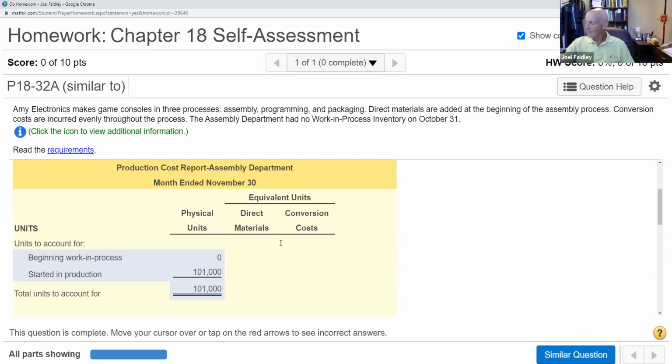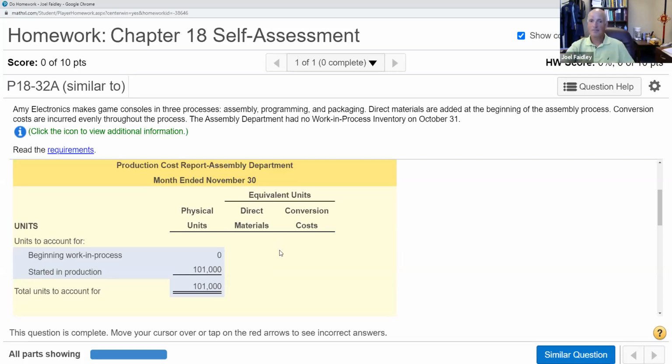right, so this is what I've been talking about for the last 30 minutes or so, about units to account for, units accounted for, costs to account for, costs accounted for. So this is a good self-assessment to see if you understand what's going on in this chapter in equivalent units.